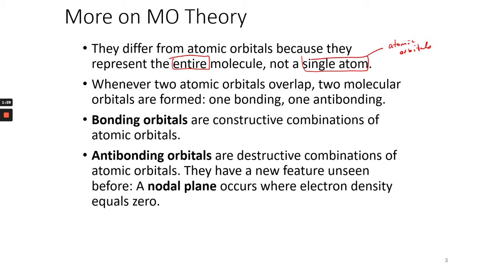We're going to get into what the difference between bonding and antibonding is in a few minutes. Bonding orbitals are when your 2 waves combine, and antibonding orbitals are when you have a destructive combination of your atomic orbitals. I'm going to show you a diagram of what that means in a minute. They have a new feature unseen before: a nodal plane occurs where the electron density actually equals 0.